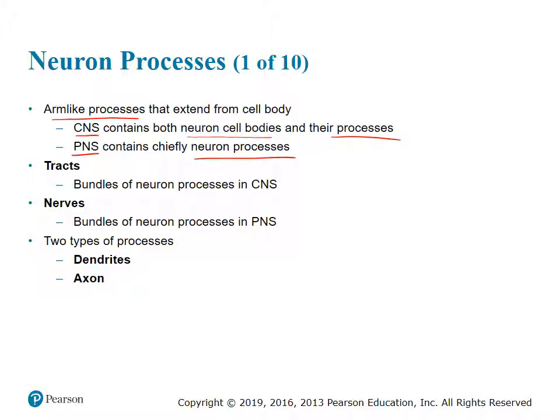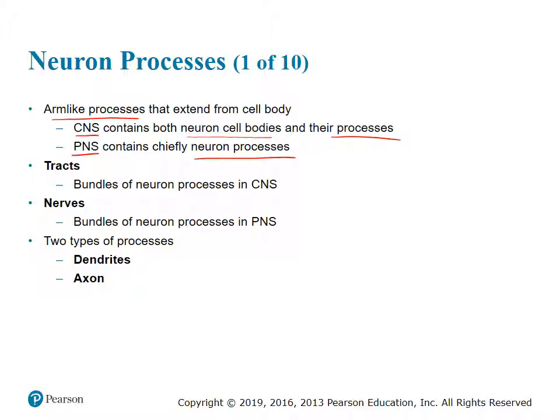For example, if we talk about a spinal nerve that comes all the way down your forearm, that is the process or the extension of the neuron itself, and it's not the cell body. The cell body for that would probably be located way close to the spinal cord, in fact, or sometimes in the spinal cord, depending on the spinal nerve.